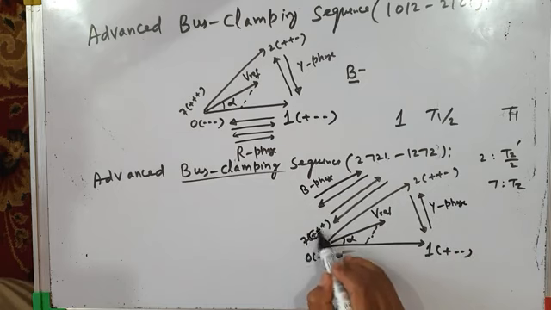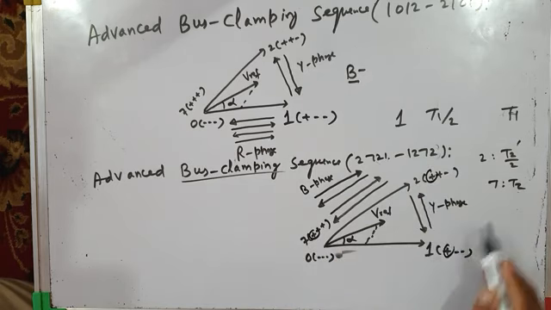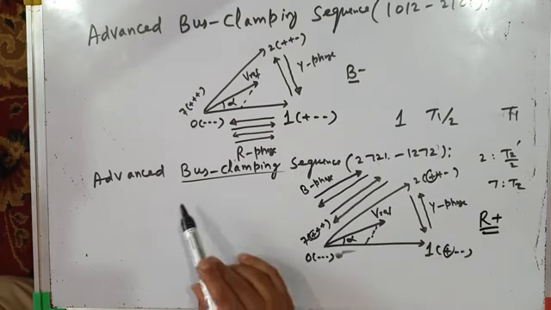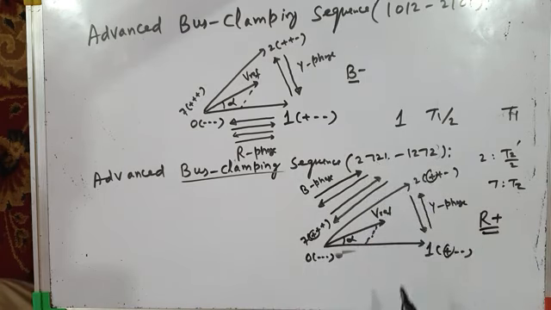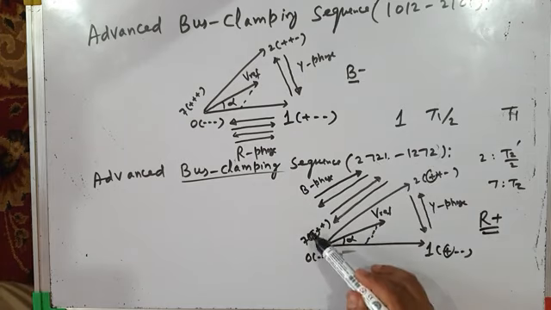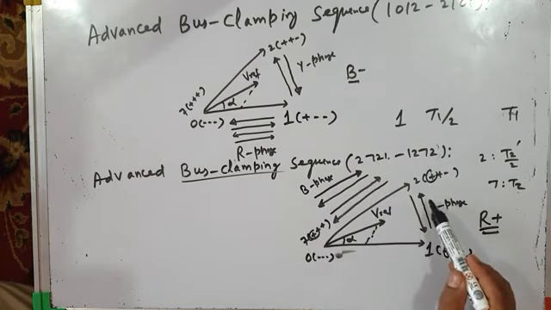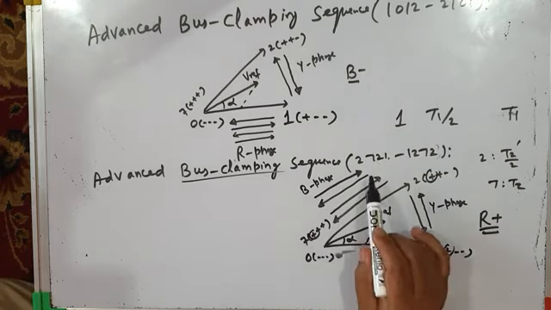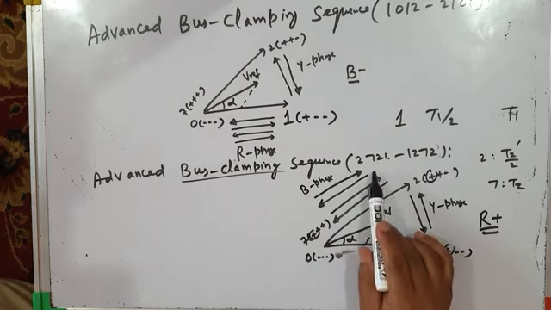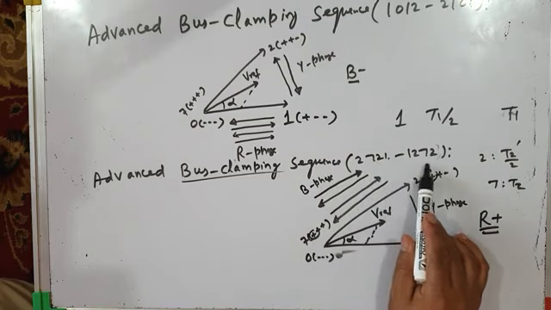R is plus here, plus plus, so R phase is clamped to positive DC bus. So therefore, using this advanced bus clamping switching sequence 2721-1272, it results in switching of B phase twice, switching of Y phase once, and clamping of R phase to positive DC bus. So that was about double switching sequence 2721, or advanced bus clamping sequence 2721-1272.